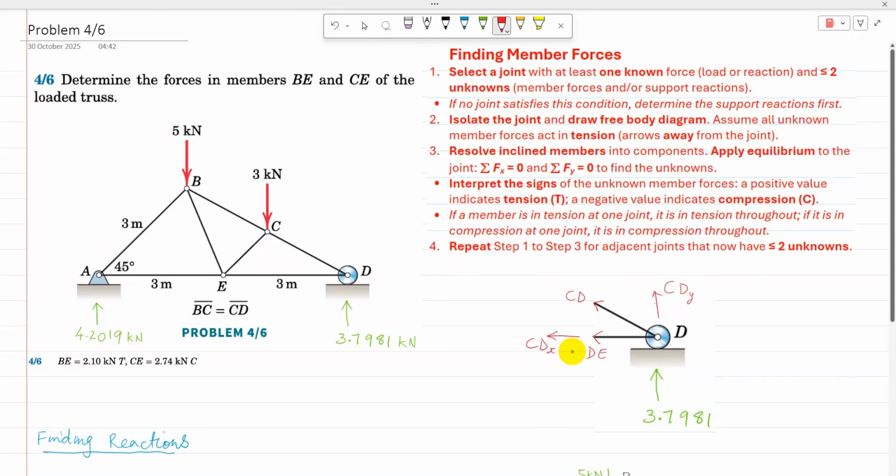But to find the components of CD, this angle theta is required. This angle theta can be calculated using geometry. And for geometry, you need to reanalyze the truss using similar triangles and all the rules of geometry.